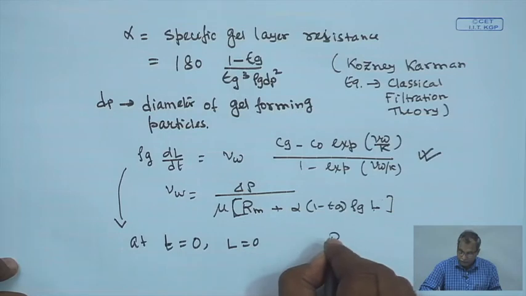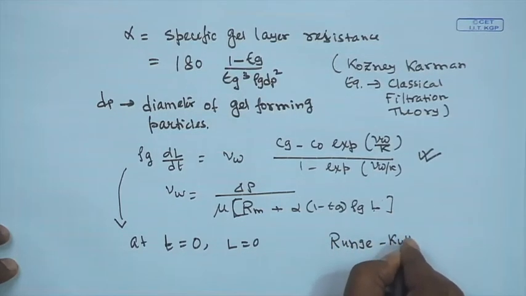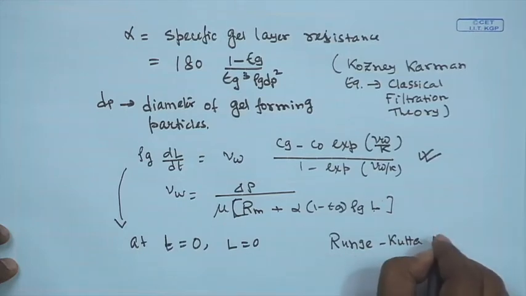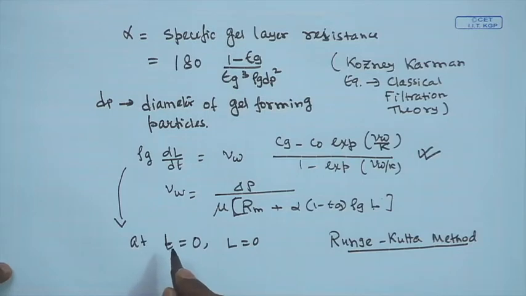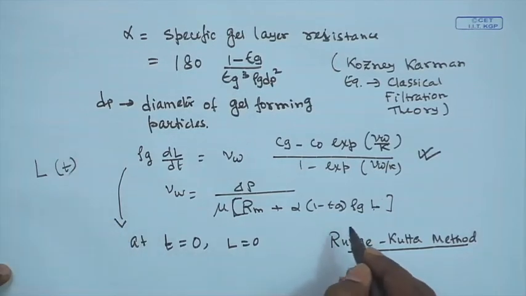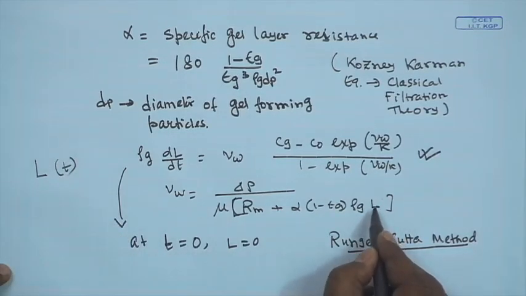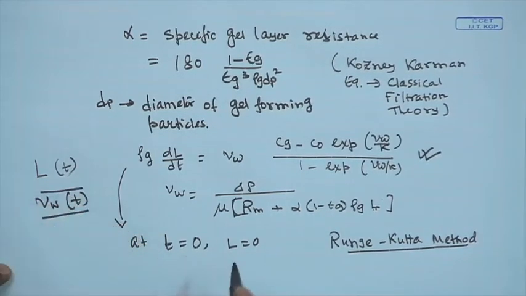One can take recourse to the Runge-Kutta 4 method to solve this equation as a function of time. After solution you will get L as a function of time. Once you get L as a function of time, insert it here, and you will get the permeate flux profile as a function of time.